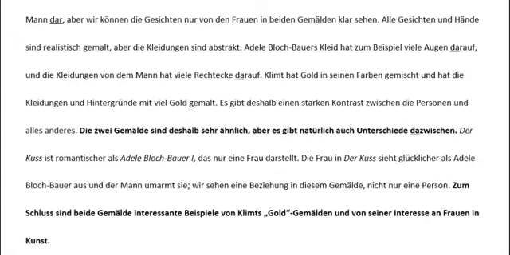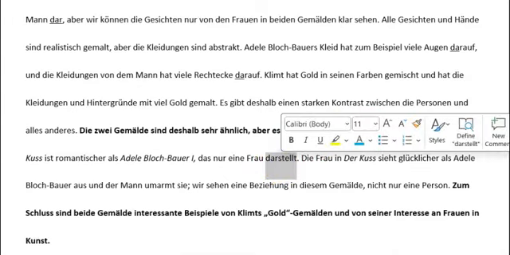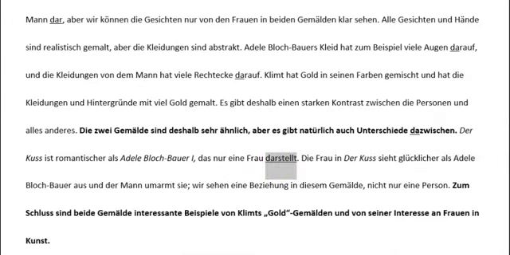Der Kuss ist romantischer als Adele Bloch-Bauer 1, das nur eine Frau darstellt. Here's that separable prefix verb again, although here it's together in that relative clause. So the kiss is more romantic than Adele Bloch-Bauer 1, which only depicts a woman.